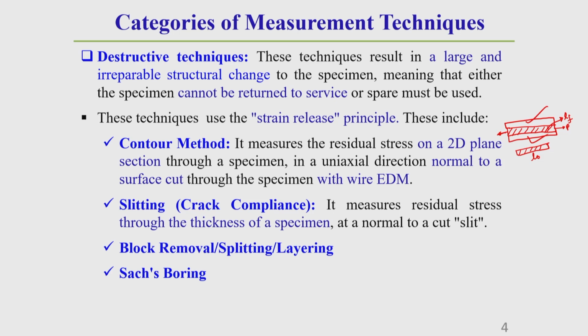This released strain is generally measured in destructive techniques, because there was some elastic strain and some stress. That stress was locked-in stress, and that stress is called residual stress. Now, how to measure how much residual stress was there?